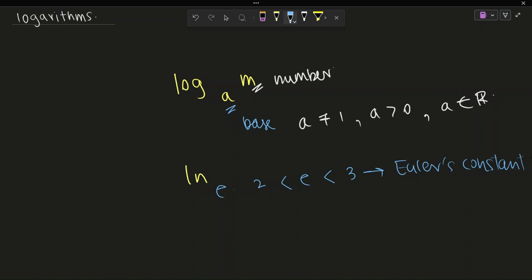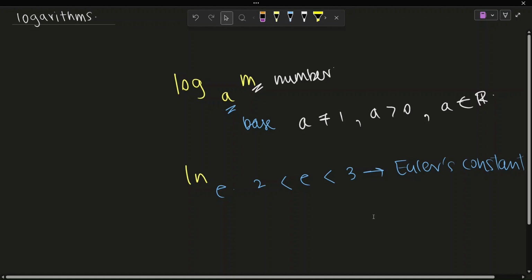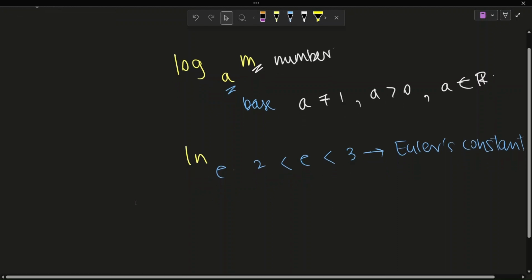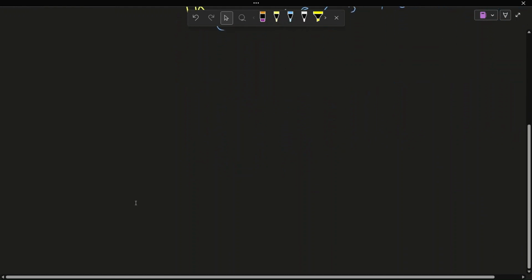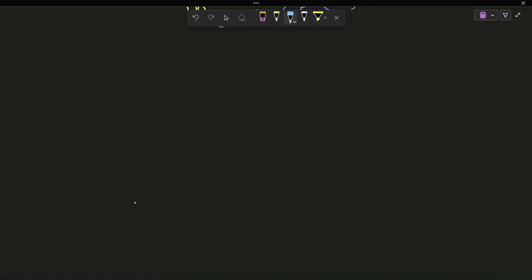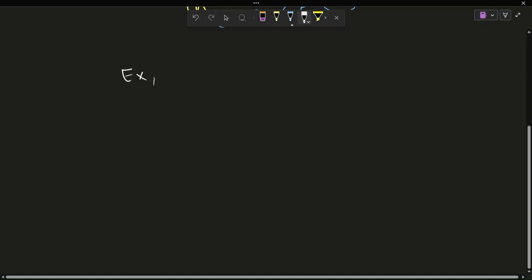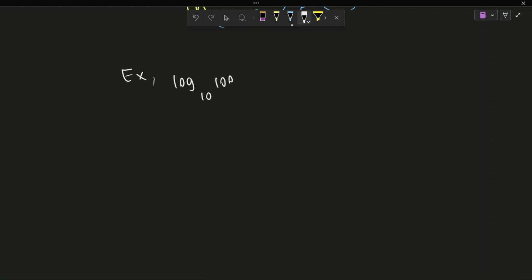Now, the second important thing you have to know when you're dealing with logs is how to convert something in logarithm form to something in exponential form. So, for example, say you have log 100 to the base 10. The first step in converting a logarithm into something exponential is equating it to a variable.